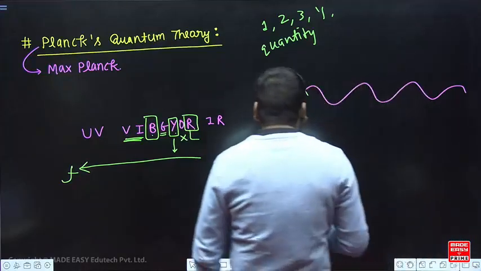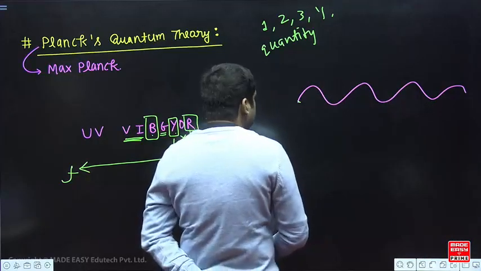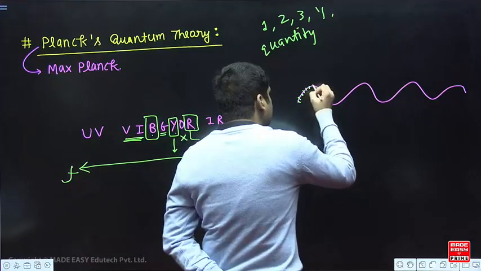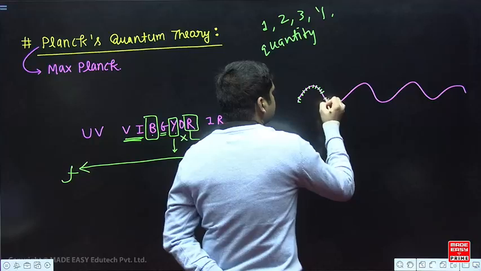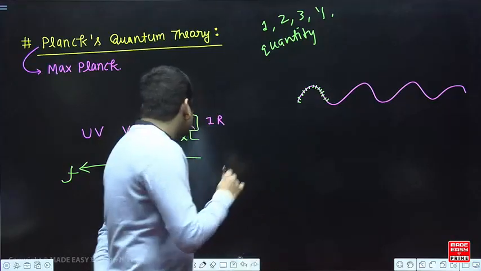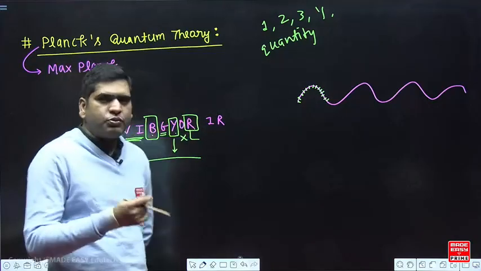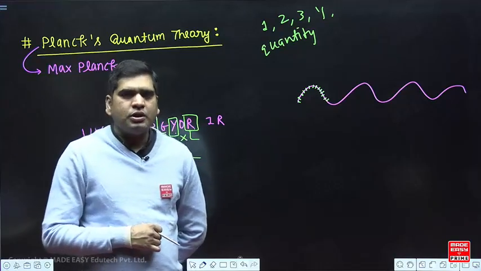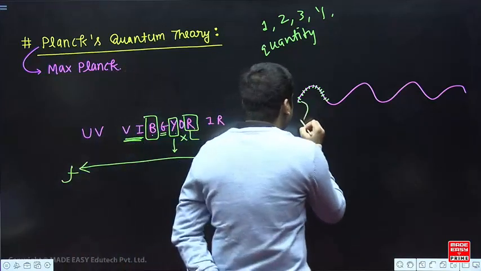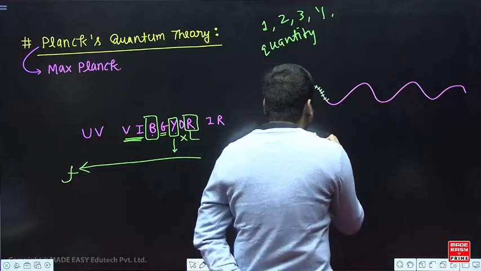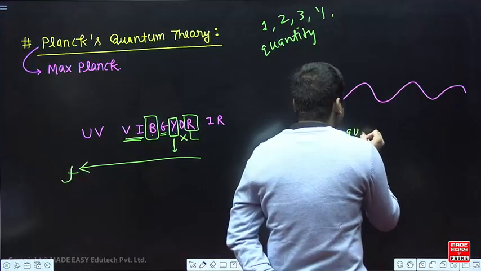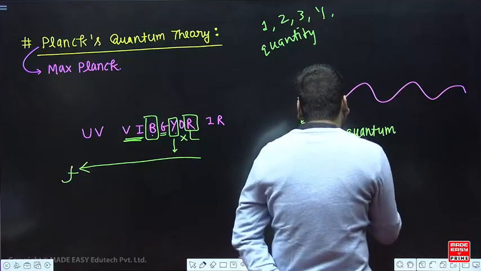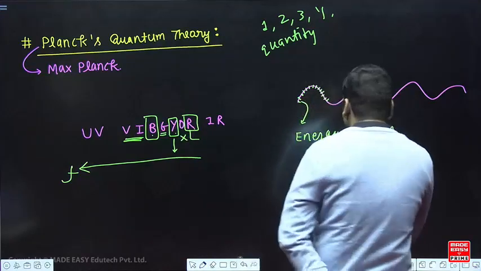So he proposed the idea, he said that actually this light travels in terms of small energy packets, and when these energy packets fall on any material, one of those packets is absorbed by the material. So he named this packet of energy as energy quantum, or quanta, and later on this packet of energy was known as photon.